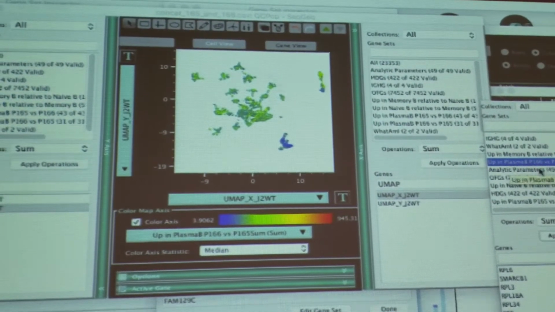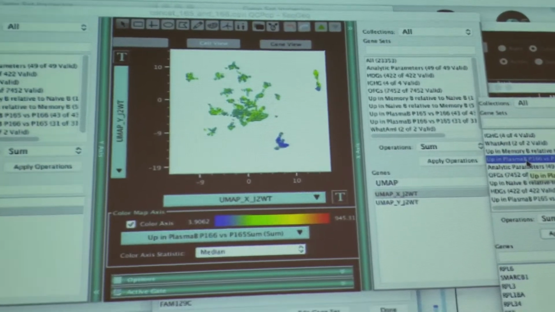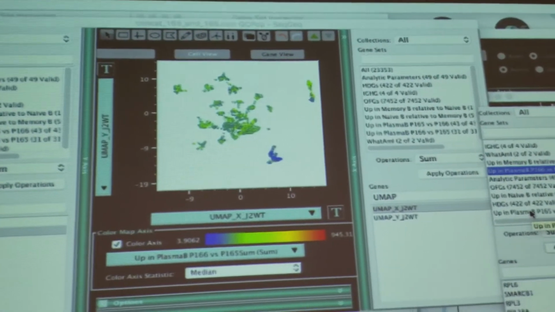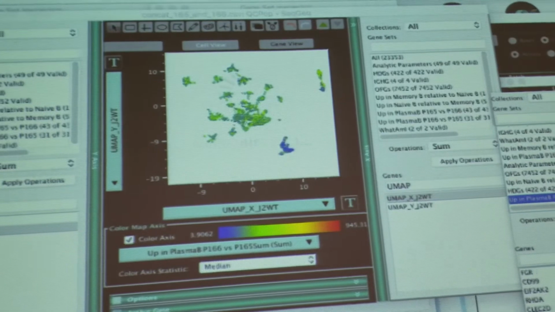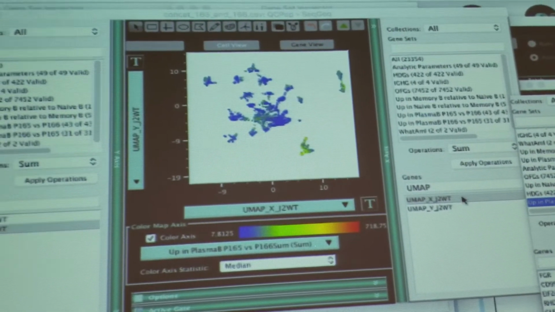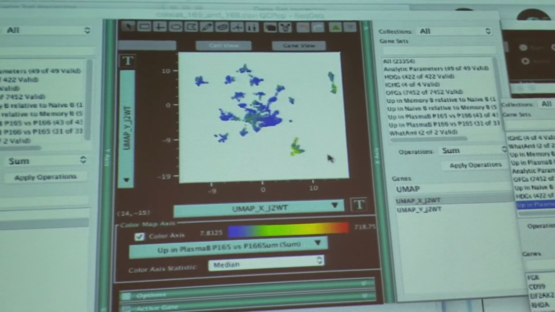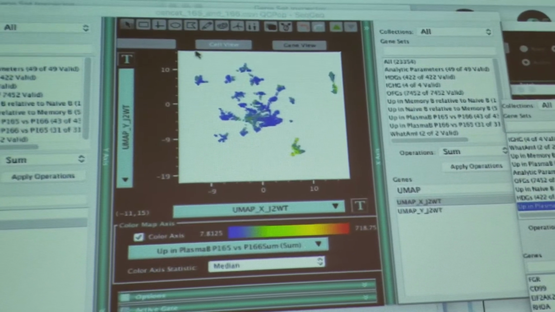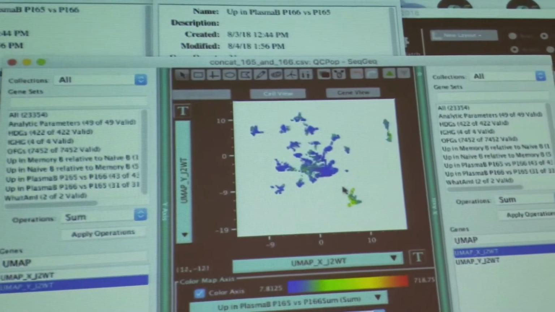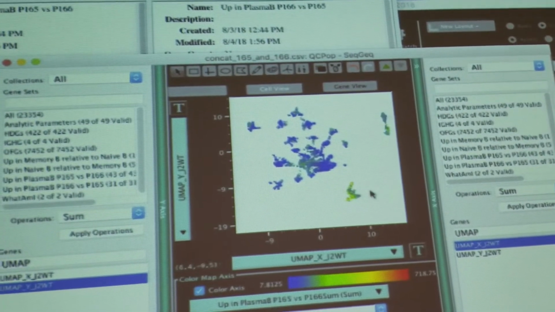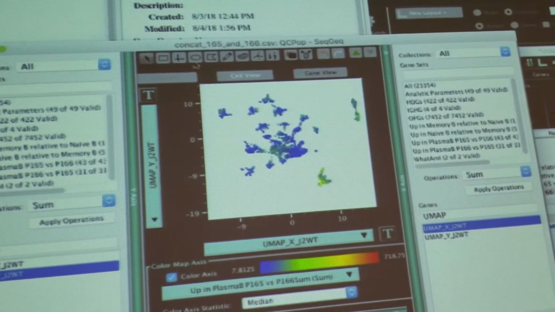Up in plasma B cells, 166. And we can also do up in plasma B cells, 165. Oh, I see. So those are kind of diametrically opposed. But I'm not sure what's special about this island that it's getting turned on and off based on those two.